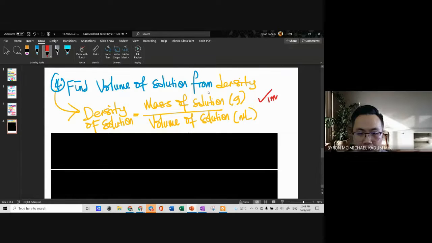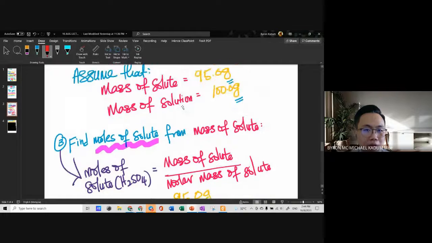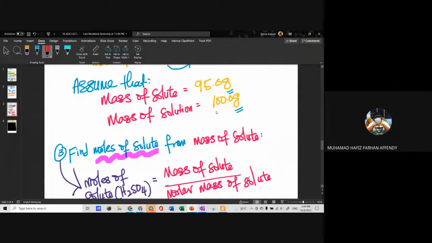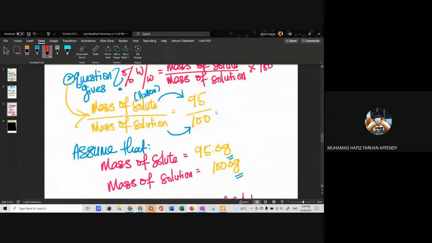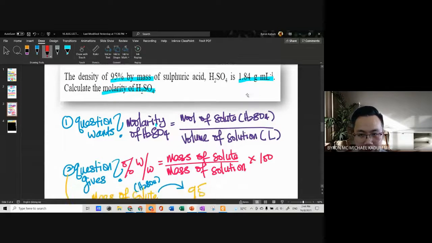Yes, sir. Okay, good. Now, from the density, we can get the volume of solution from here. Look, we have the mass of solution already. From where do you get this mass of solution? Again, from the logical assumptions that we have done. And the density is given to you in the question.